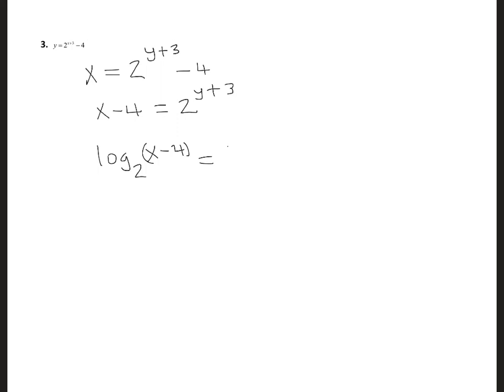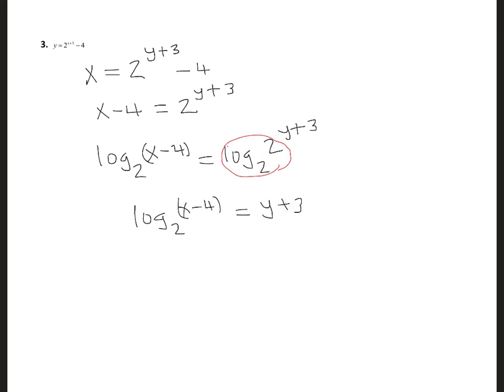Logarithm to base 2 of x minus 4 is equal to logarithm to base 2 of 2^(y+3). And using the properties of exponents, I know all this is going to be gone, and I'll be left with y plus 3. So this is going to be logarithm to base 2 of x minus 4 is equal to y plus 3.